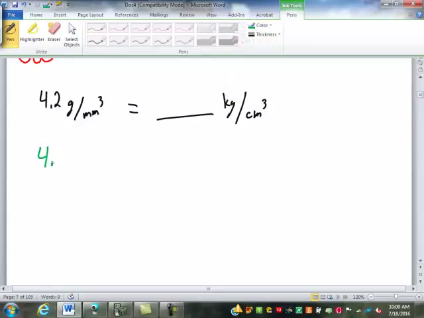So we set this up as 4.2 grams over 1 cubic millimeter. Now we haven't done conversions with metrics, dual units like this. We did it with just standard, you know, the feet to inches and stuff. Here, I'm going to do this just a little bit differently. If I'm going from grams to kilograms, I'm going 3 spots to the left on the chart. So I'm just going to move my decimal point 3 spots to the left. This is 0.0042 kilograms.